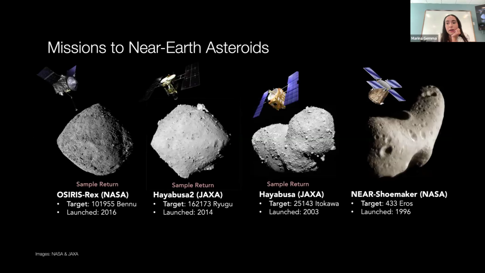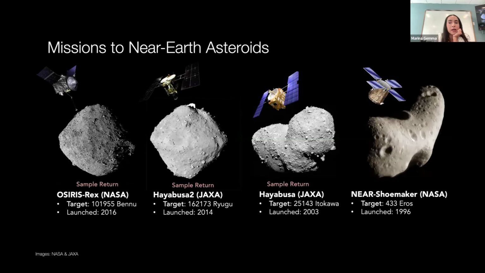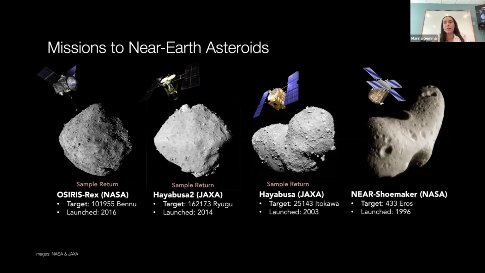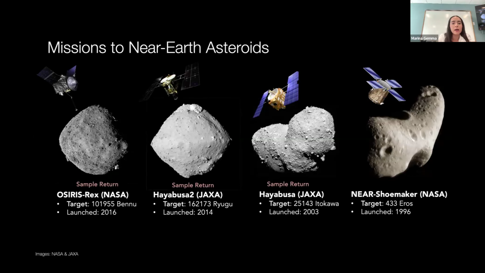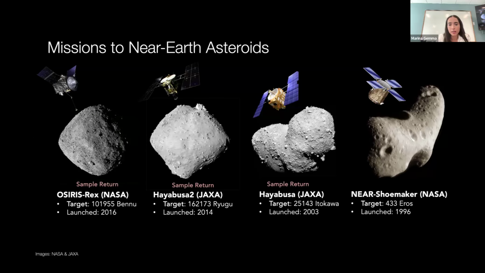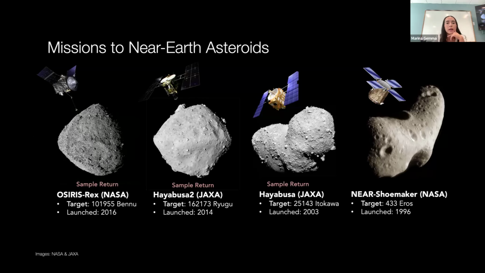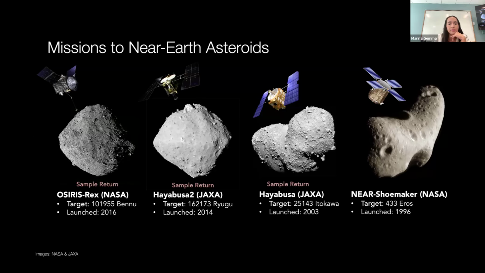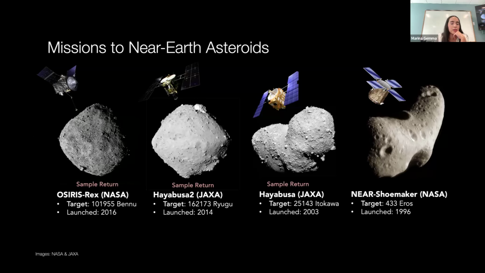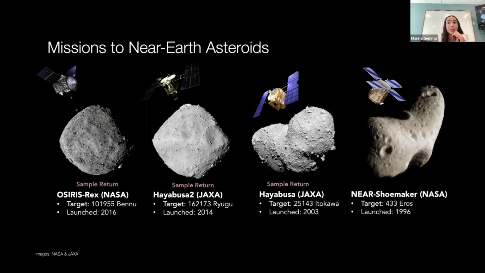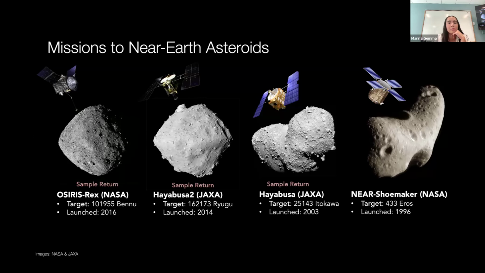There's also been a lot of missions to near-Earth asteroids in recent years. You might have heard of these. OSIRIS-REx was NASA's sample return mission. The Japanese space agency JAXA has also had two of its own sample return missions. And these are like the best thing in the world for scientists like me, right? It's going to an asteroid, getting a sample, returning it, and we're able to study these things in the lab.